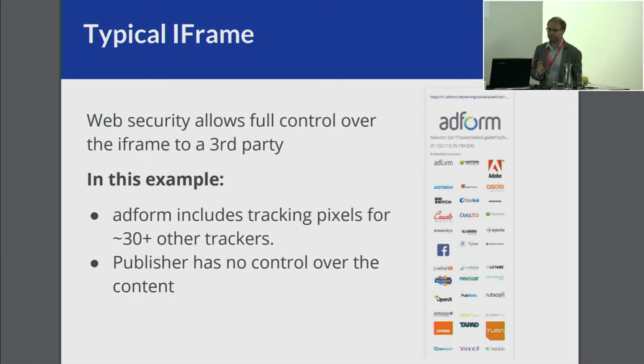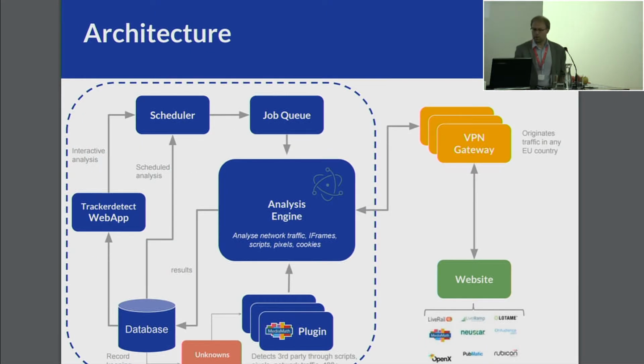And as a rule, the way web security works is that the website owner does not have any control to enforce what is going on inside of that frame once it's been placed on the site. So what we've done is to build a cloud service that monitors websites to detect third-party services and trackers running on their websites.